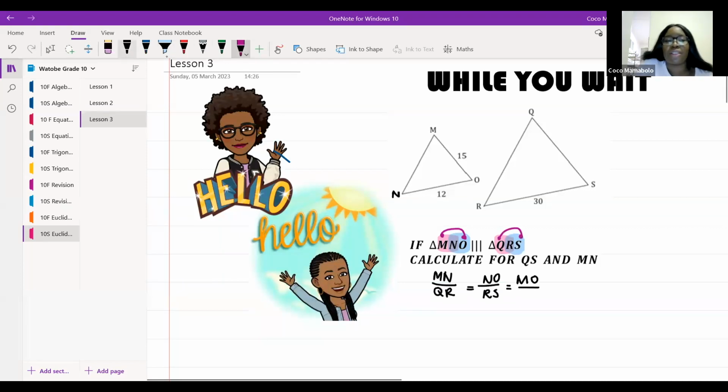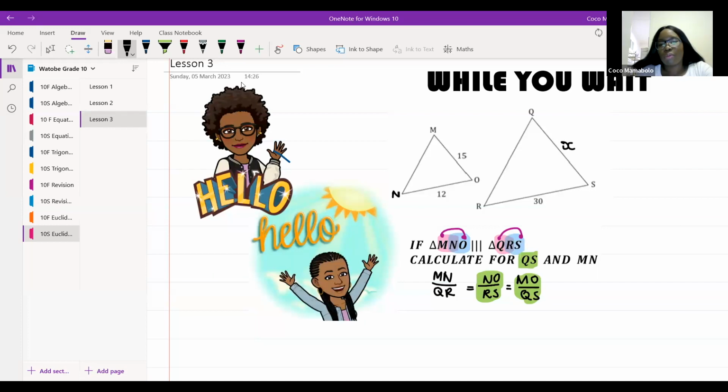And then all we have to do is replace the numbers. That's all. Is it ringing a bell? The other part is not that bad. Okay, let's look at this. We're going to use MO and QS and NO and RS, because the question says calculate QS. So I'm going to replace QS with X. What is NO?